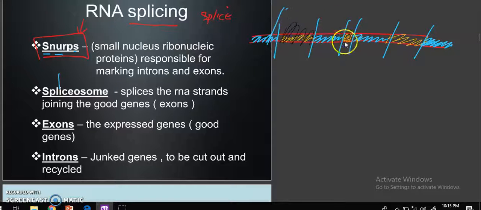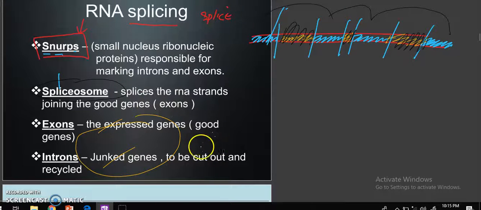The spliceosomes make it possible for the exons to be joined together. So again, exons express good genes and introns are junk genes. They are cut out and they are recycled.